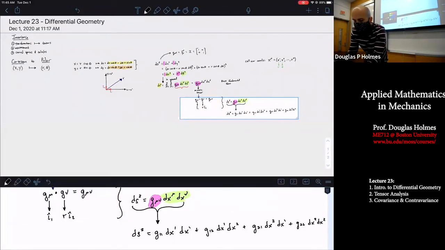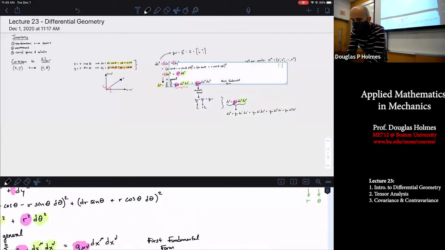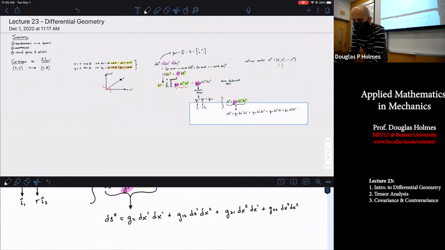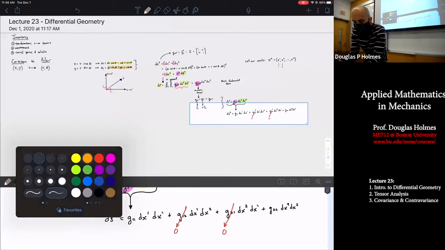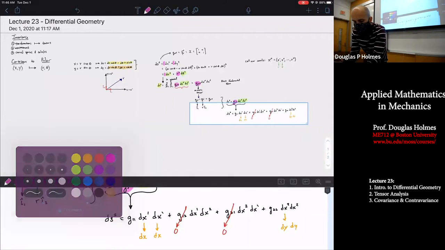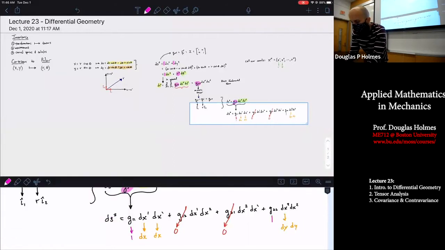Now, knowing that the metric tensor in Euclidean space in 2D is just the identity matrix, it's just 1 and 1, then this term is 0, this term is 0, this term is dx, this term is dx, so the product is dx squared, this is dy dy, and then this is 1, this is 1.